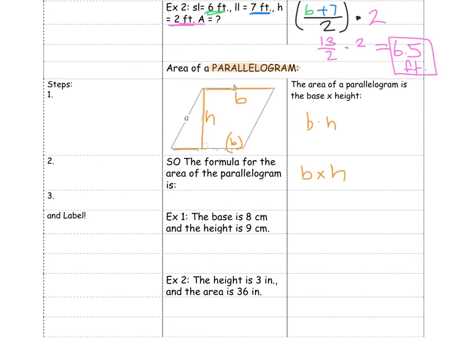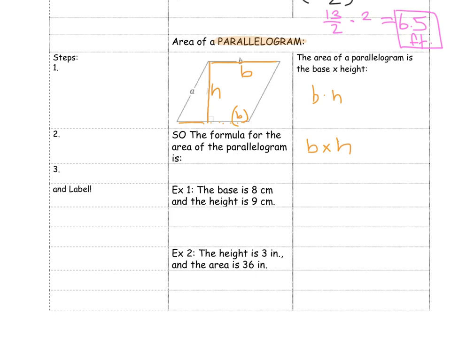So let's practice. And again, our steps are formula, fill in the rest. All right, hopefully you got those steps. So this example, the base is 8 centimeters and the height is 9. So let's plug in what we know.